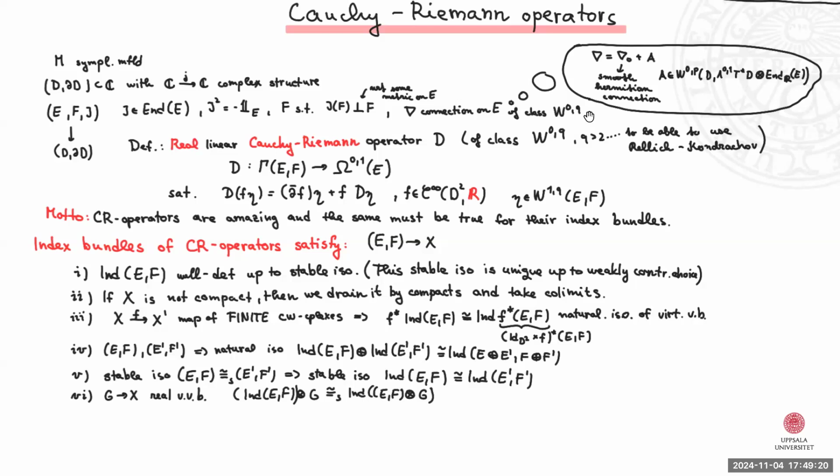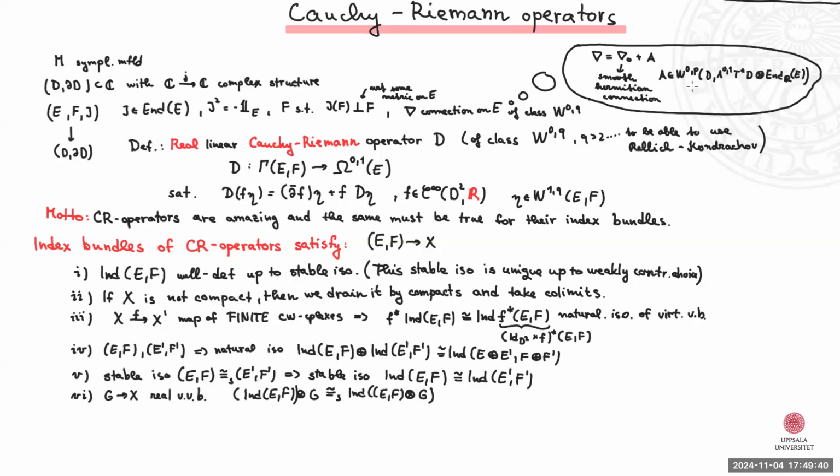And these connections are nothing else than an affine space where you have a smooth Hermitian connection on your bundle here, and it's like a torsor over this set, right?